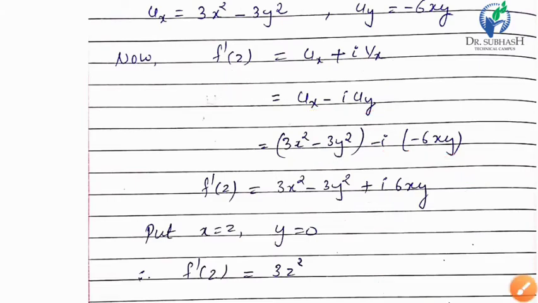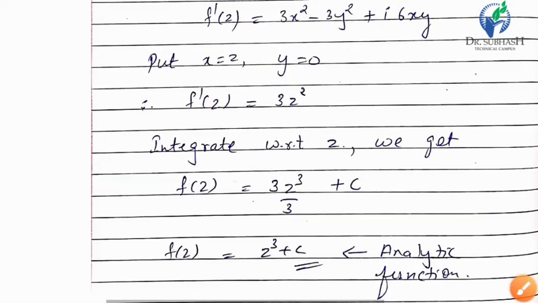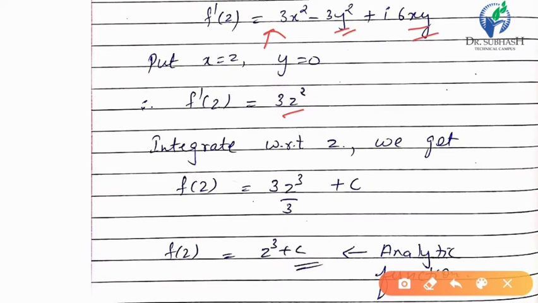Now I will put x equal to z and y equal to 0 in this equation. So when I put x equal to z, I get 3z square, and on putting y equal to 0, both terms will become 0. Now our f dash z is only 3z square.